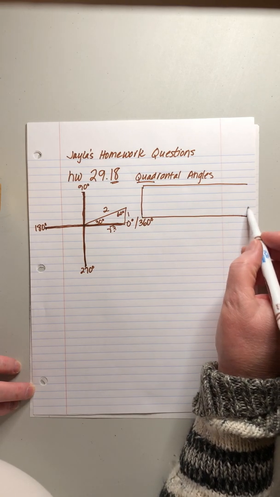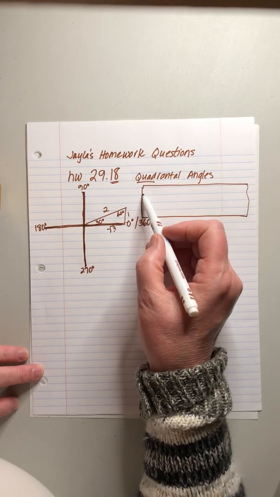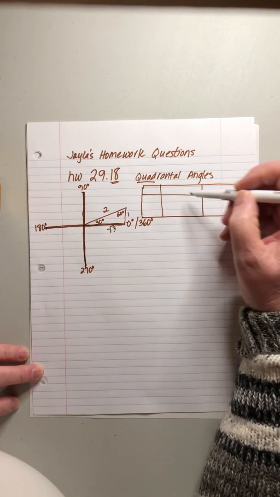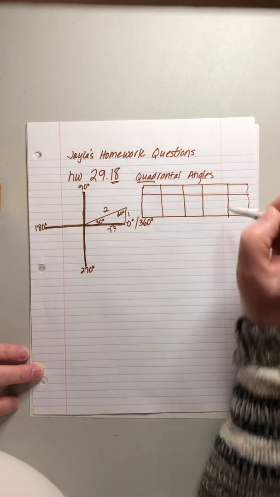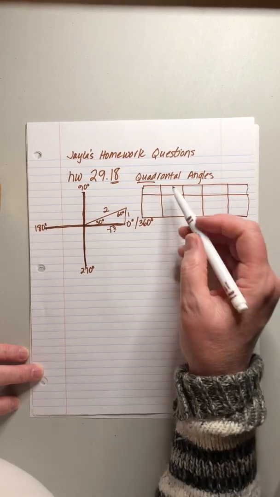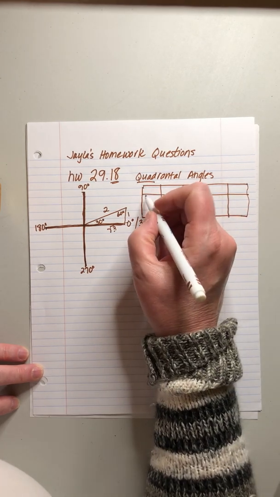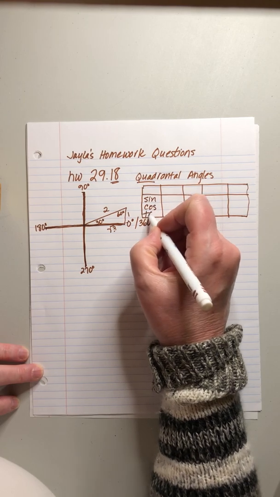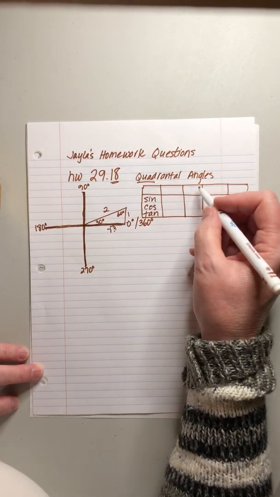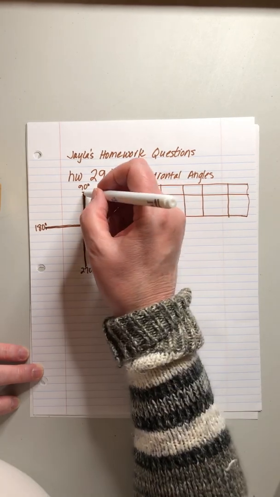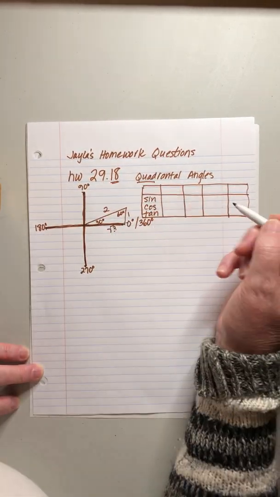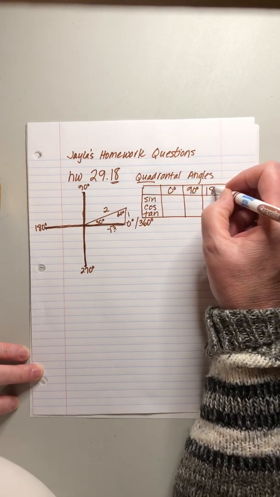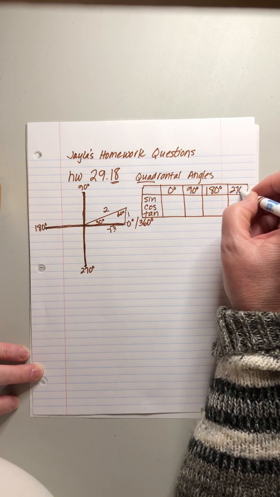All right, so draw a chart. You know what? This is fine. Okay, so what I've got here is 3 rows, 4 columns. For each row, I'm going to write one of the trig functions: sine, cosine, and tangent. Here, I'm going to write the angle measurements of the 4 quadrant angles, right? 0 degrees, 90 degrees, 180 degrees, and 270 degrees.